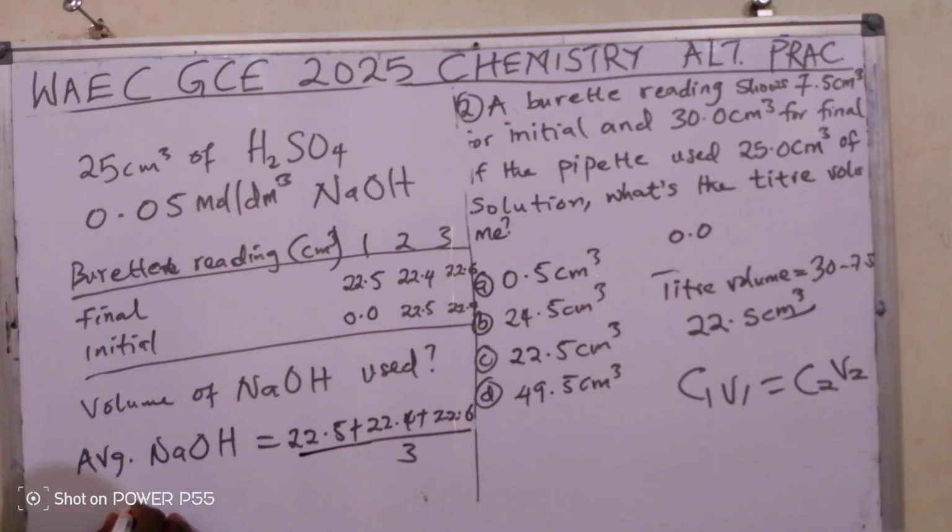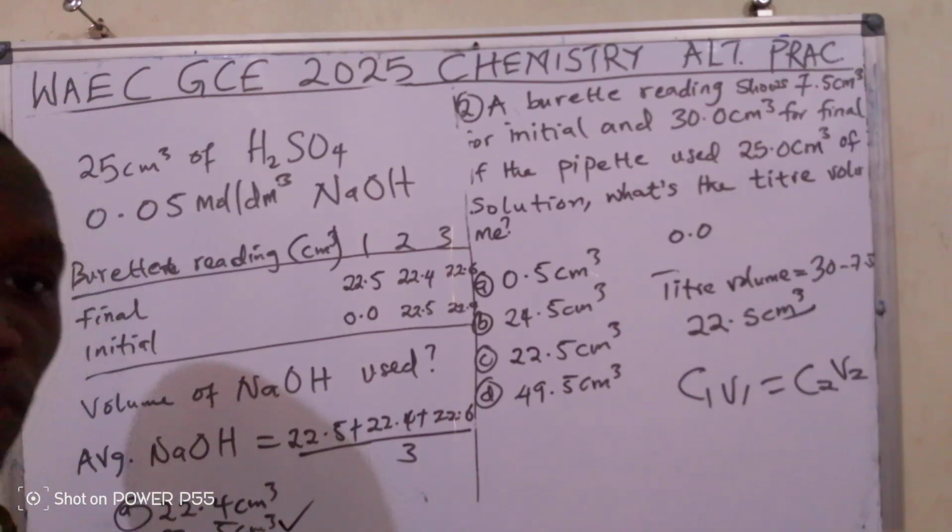So the options we have here are A, 22.4, B, 22.5, C, 22.6, and D, 44.9, all in centimeter cube. If you have done this, what is your answer? I think you would get this as the correct answer. So I hope you got this.